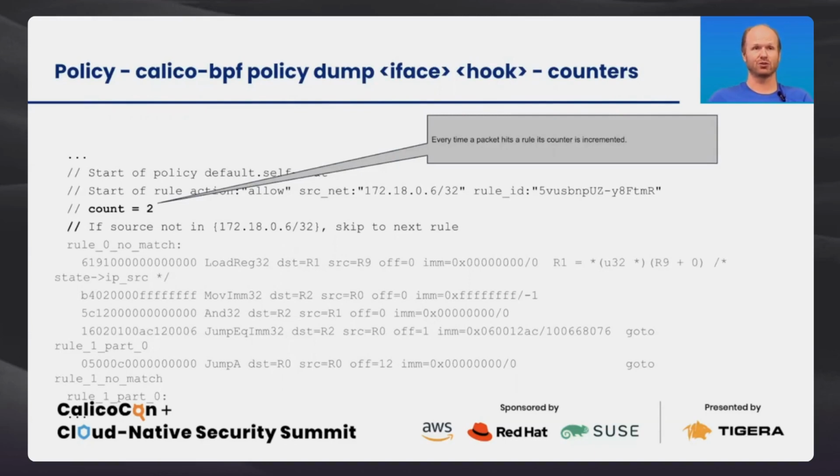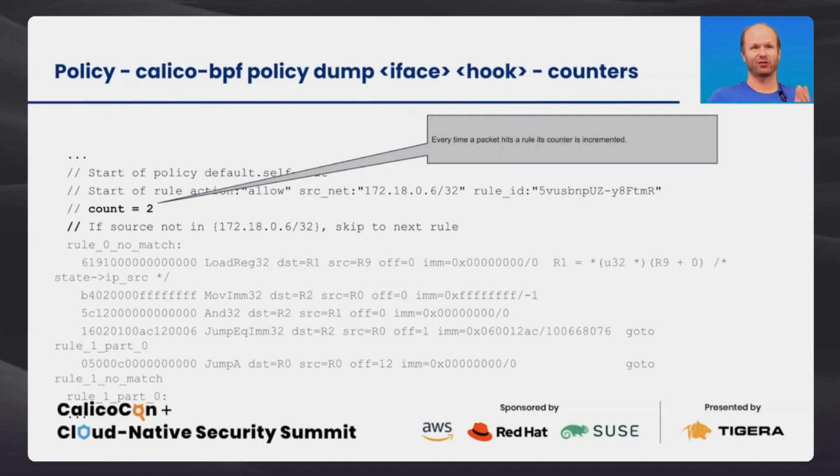Every rule also includes a counter which is incremented every time a packet hits that rule. Note that not every packet of a connection hits the policy, right? When a connection is started, the first packet will hit the policy. If we allow that, we create a contract, and subsequent packets are let through if they are part of a known connection or a vetted connection.